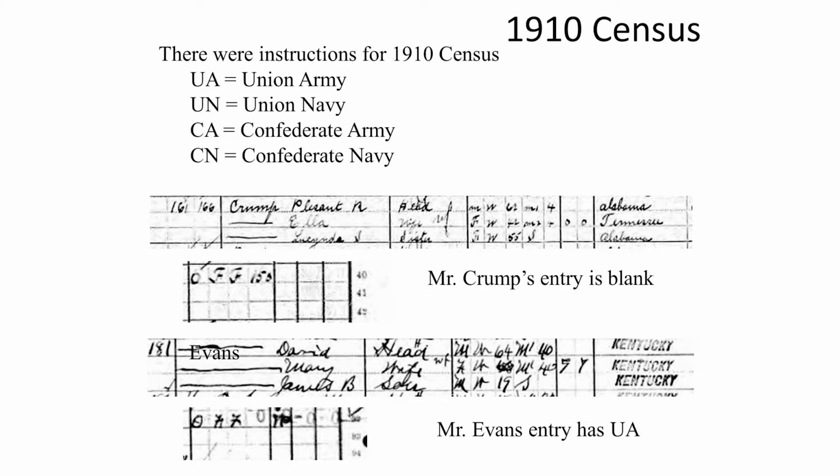David Evans did indicate, and it has a UA scribbled in there, that's UA, Union Army. Okay? Well, let's forgive him. That's in Kentucky, so the enumerator was in Kentucky. So that's the way we write in Kentucky. I'm sorry. My parents were from Kentucky.